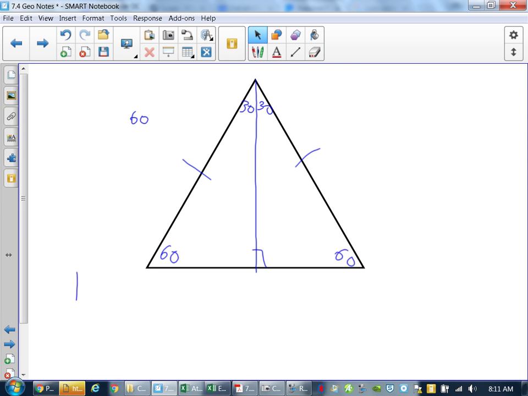Also, the height of an equilateral triangle is what you call the perpendicular bisector of the side. That means these two parts are now the same. So, just thinking in terms of numbers, let's say each side length was 4. That makes these both how much? 2.